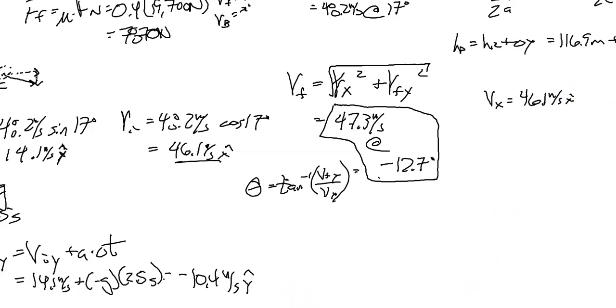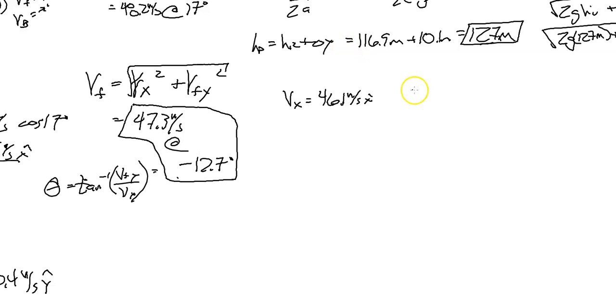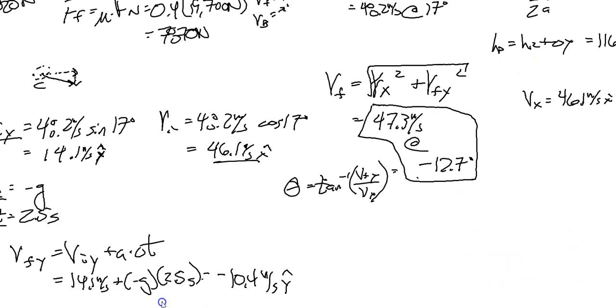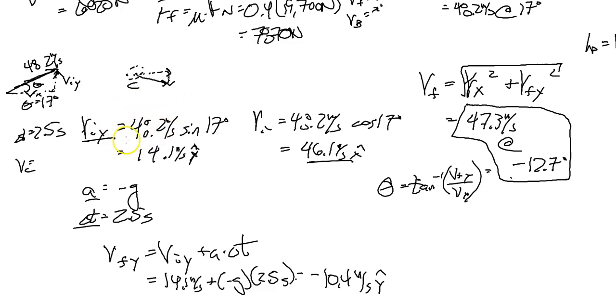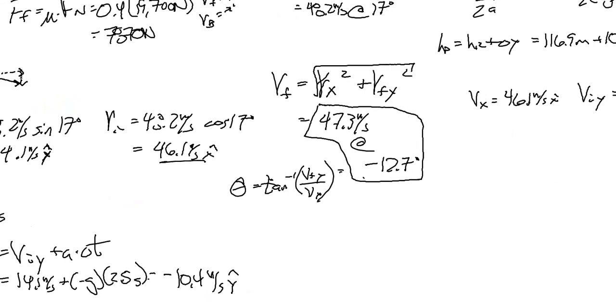And the initial velocity in the y was that 14.1 meters per second. Of course, that came off the back that we found that the velocity leaving the ramp was 48.2, and it left at an angle of 17 degrees. So we just did a trig to get those two particular values.